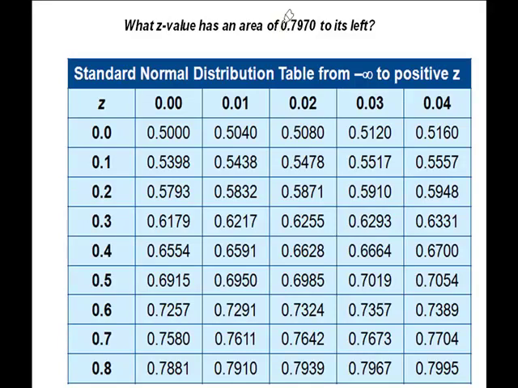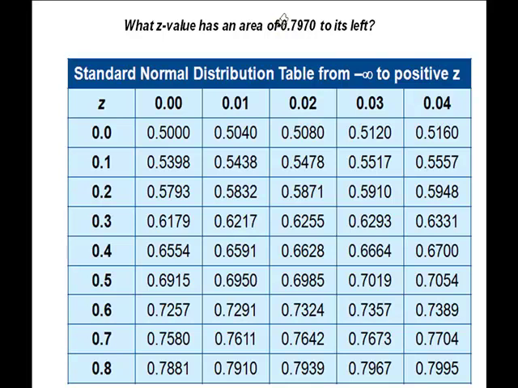How about 0.7970? Well, that one's getting close. That one's very close, and now we got too big. 0.7967 is as close as I can get.